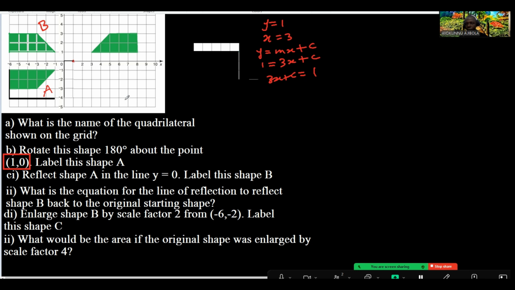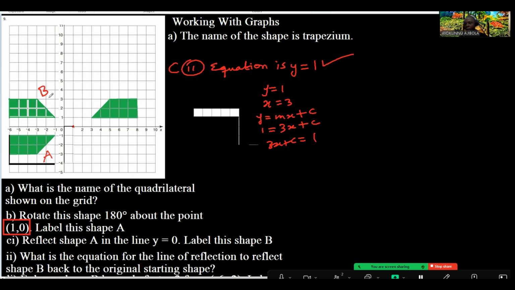For enlarging it by scale factor 2, that means I'm going to have to increase it by 2, okay? But it says from -6 to -2.